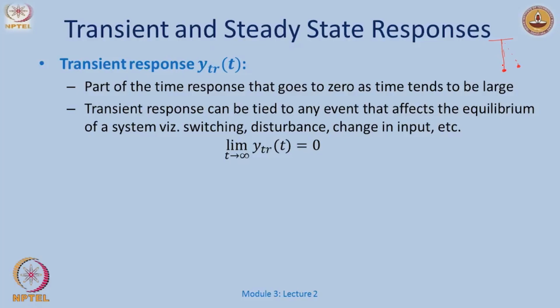So, all systems which are subject to some external perturbation, which then retain their original configuration, would be called stable systems. That definition is enough for now, right.